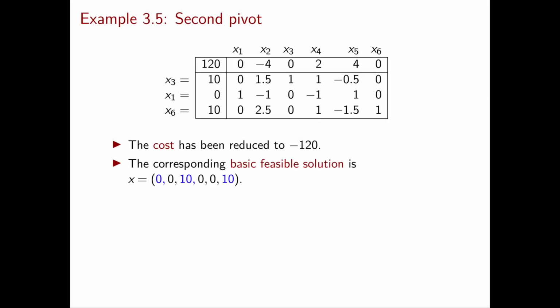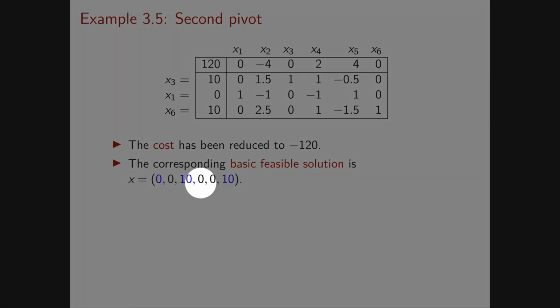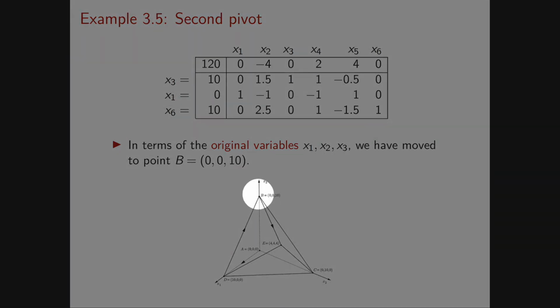Here it is. We can again interpret this basic feasible solution in the original three-dimensional problem. Dropping the slack variables, we obtain 0, 0, 10. So we have now moved to the point B. To recap, we started from A, moved to D, and now we move to B.